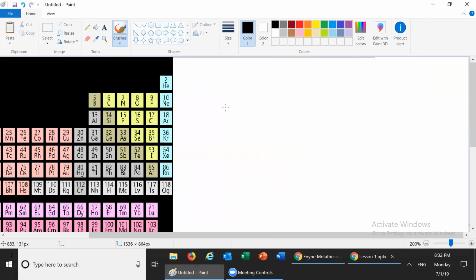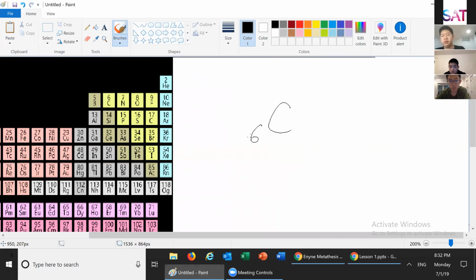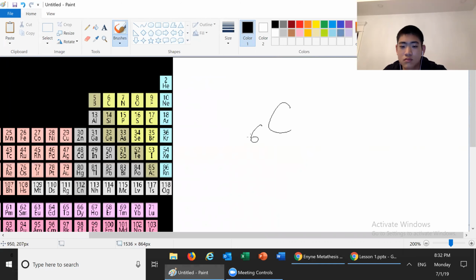Yeah, so let's say we have it. So we'll write carbon down. In the lower left corner, we'll write a little 6 to indicate the atomic number. And let's say that there were 6 neutrons, right? So remember that the mass number is determined by the total number of nucleons.